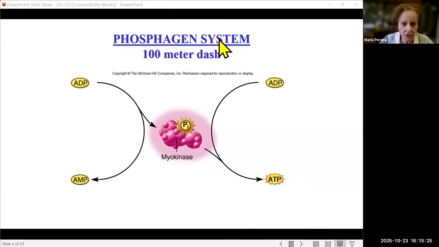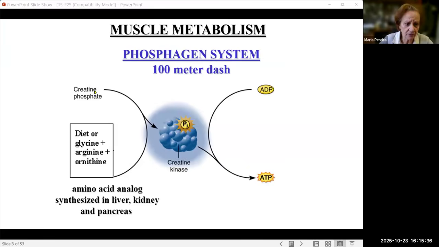Okay, in addition, in the phosphagen system, there's another kinase. The first one takes the phosphate from creatine and gives it to ADP to make ATP, adenosine diphosphate to adenosine triphosphate.